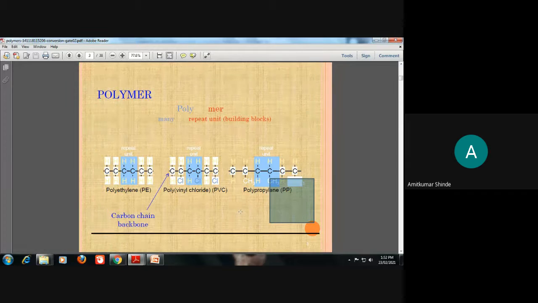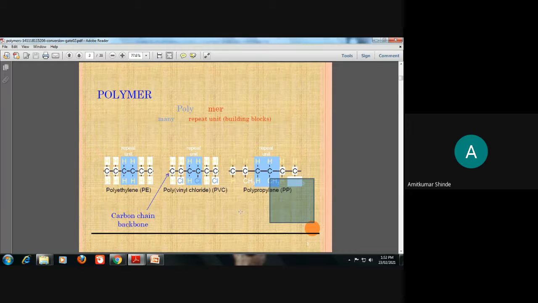If you are having any confusion or doubt related to the meaning of monomer, polymer, and polymerization, please mention it in the chat box. I will take a 1 minute pause here.